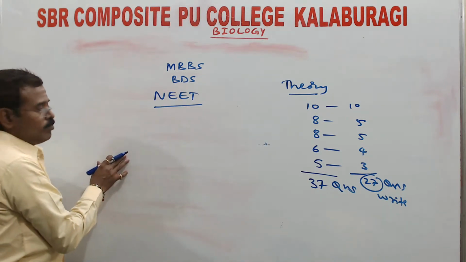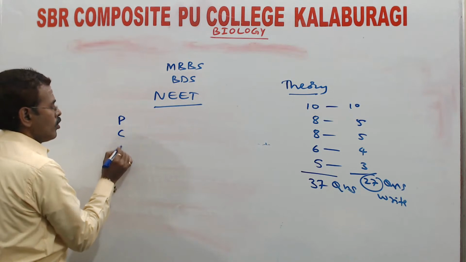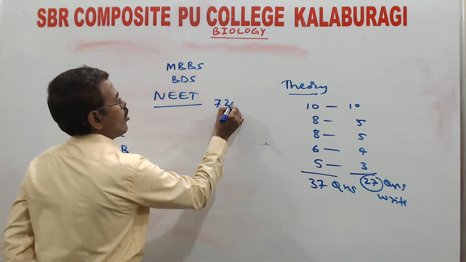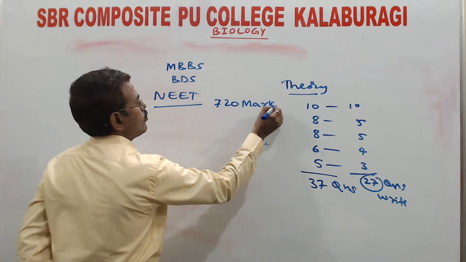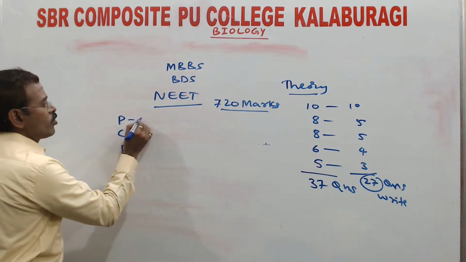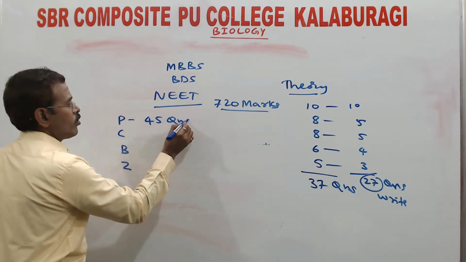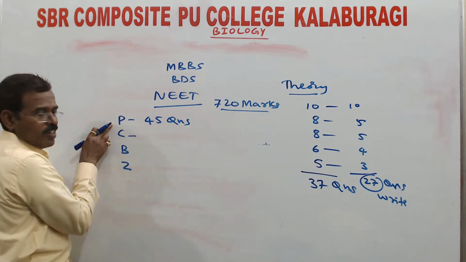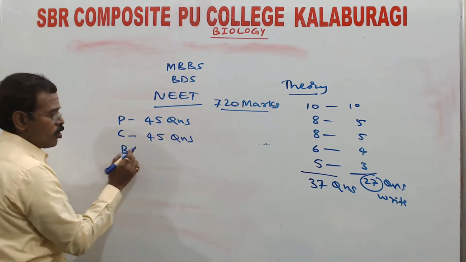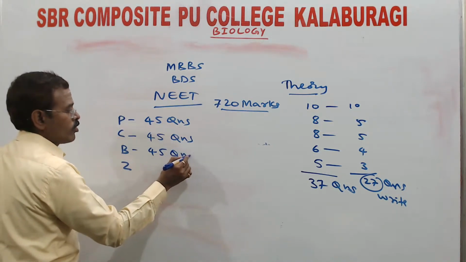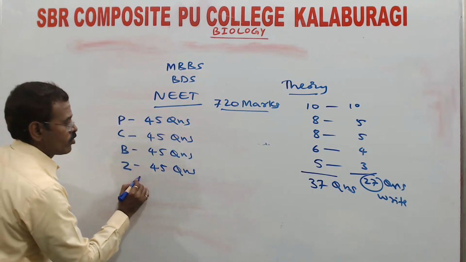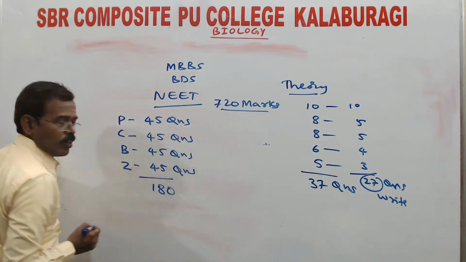This NEET exam is of 720 marks. Physics 45 questions, chemistry 45 questions, botany 45 questions, zoology 45 questions. The total number of questions is 180.